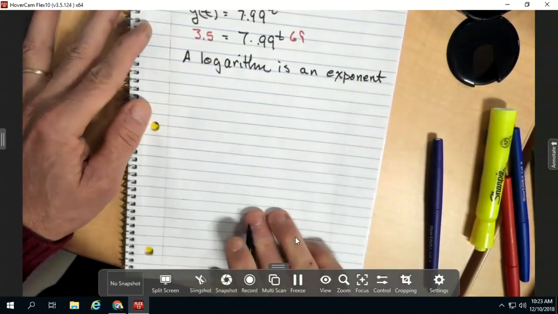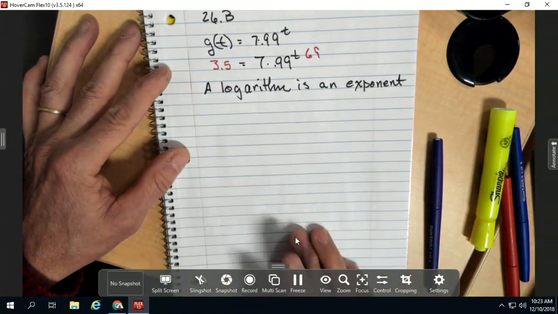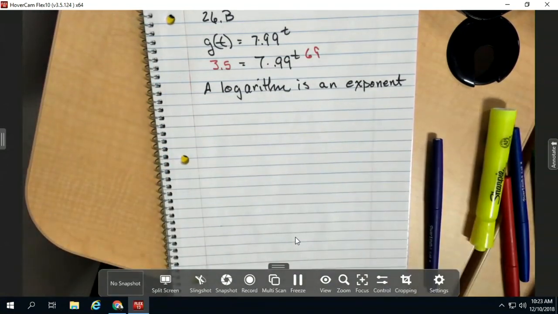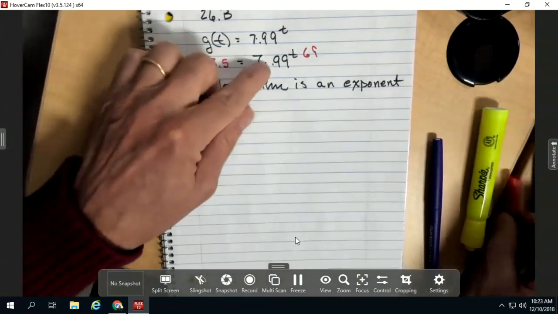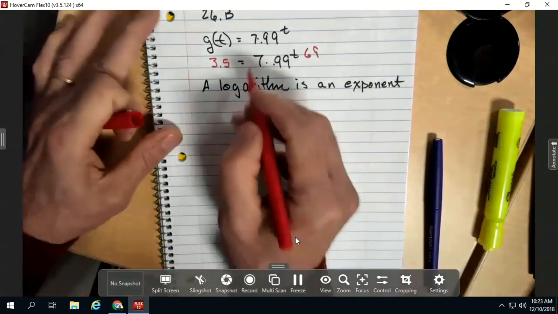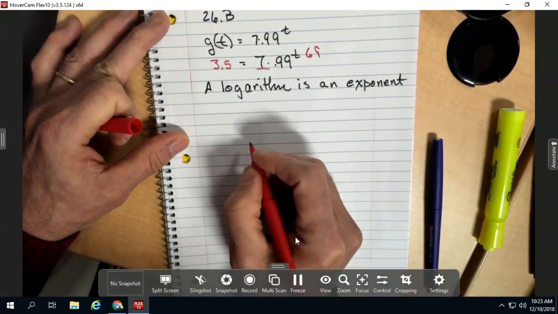So let's start with the simplest one that we had. Let's just take this one, and instead of it being 7 kilograms, let's say we would have started with 1 kilogram.